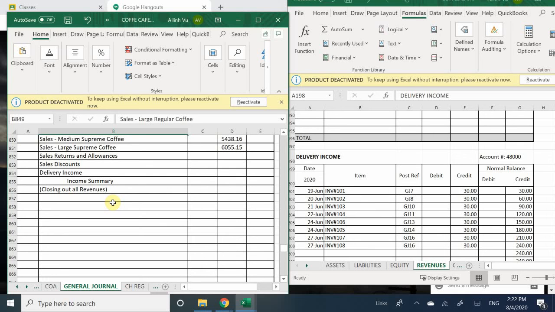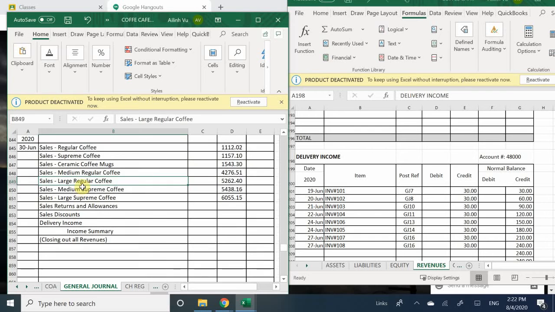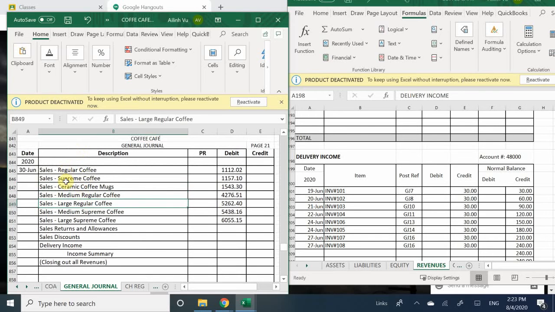I believe your QuickBooks will explain the difference between a corporate and a small sole proprietor business. That's the only difference we'll see here: instead of closing out to retained earnings, we have an income summary. So we're going to close out all of our revenues.